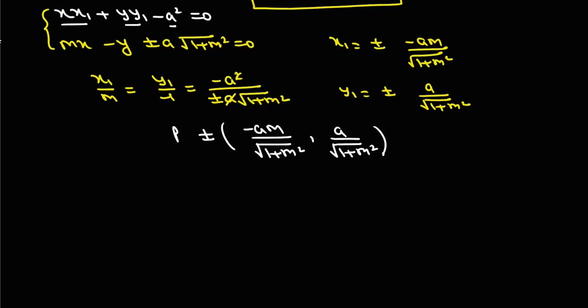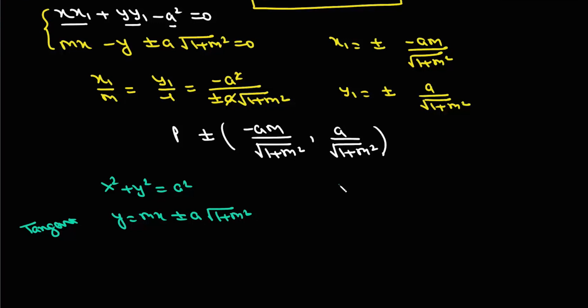Now the result which we have for this circle with center at origin can be generalized. So we know that if the circle is x square plus y square equals a square, then the equation of tangent is given by y equals mx plus minus a under root 1 plus m square.